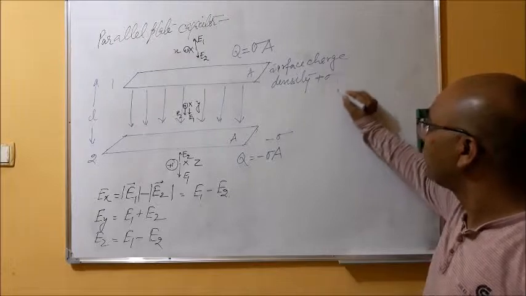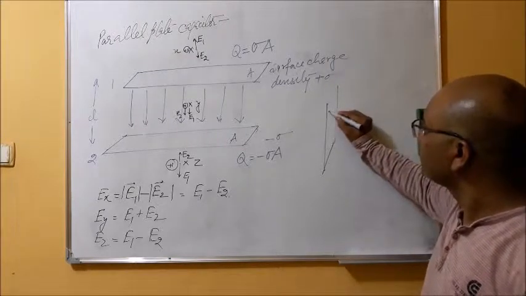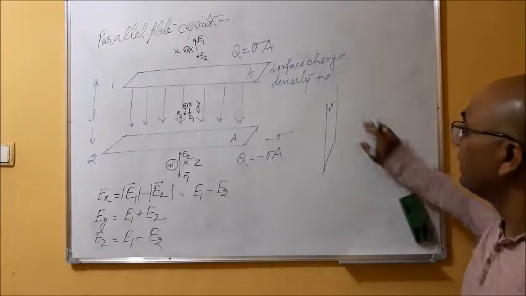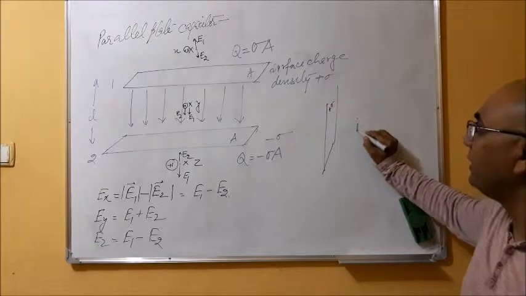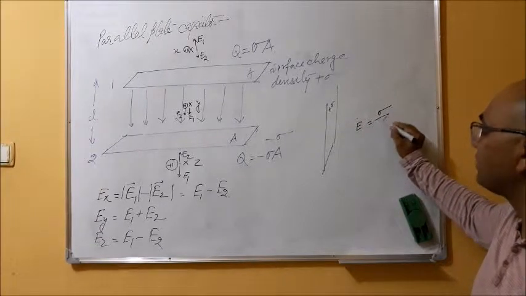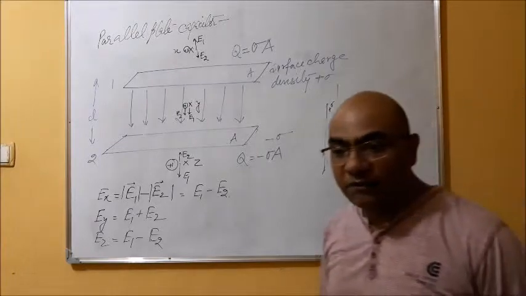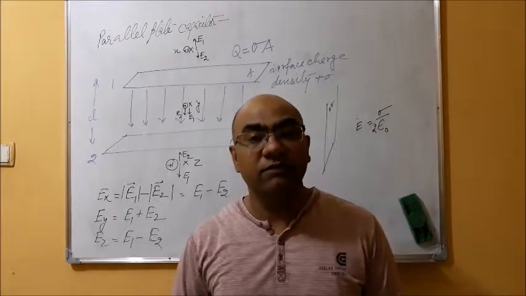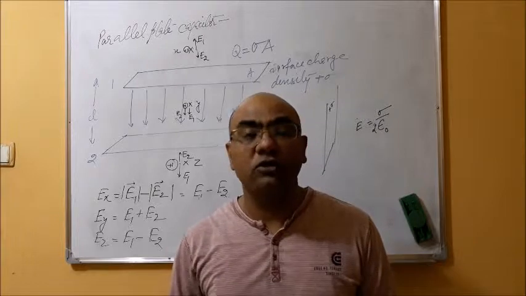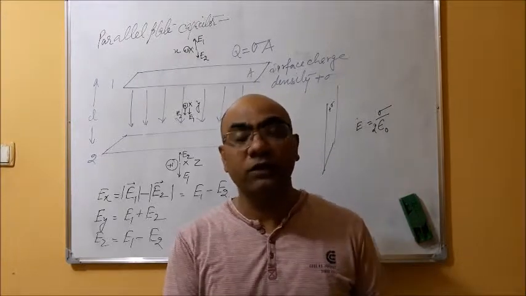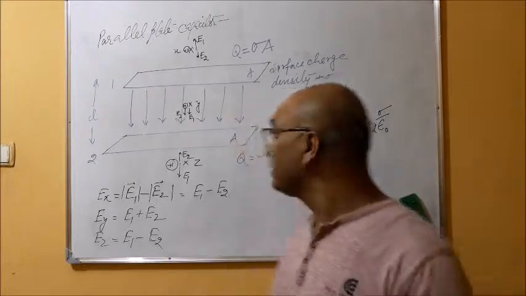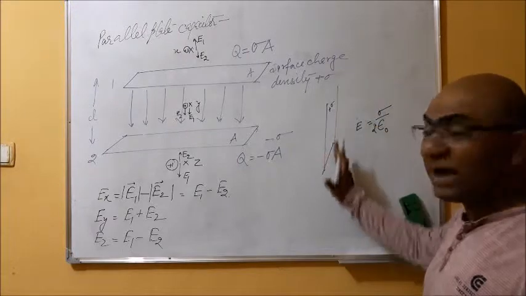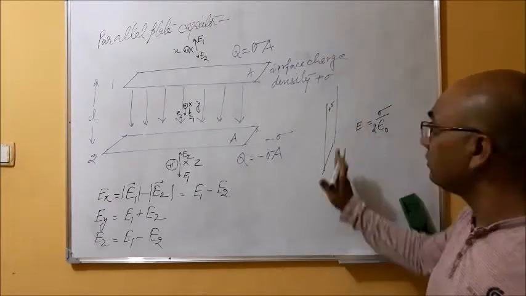From the basic knowledge of this plate, suppose this plate has plus sigma value, then the value of electric field E is given by the formula sigma upon 2 epsilon naught. This we have studied when we discussed the concept of Gauss theorem, and using the Gauss theorem we tried to find the value of electric field at a point near an infinitely long parallel plate.